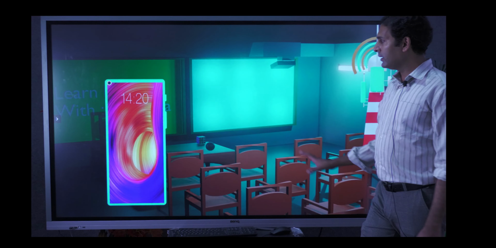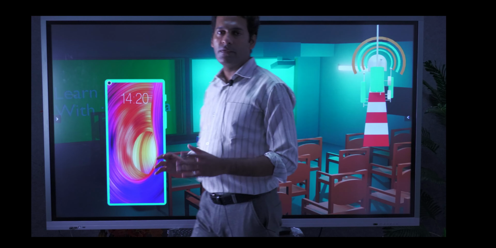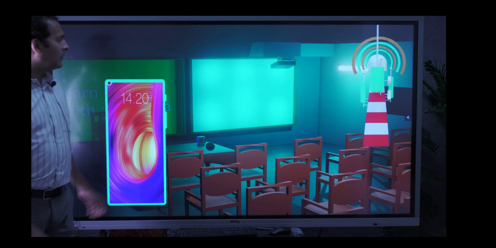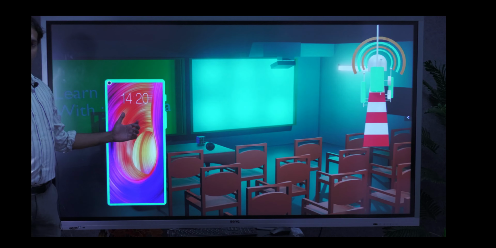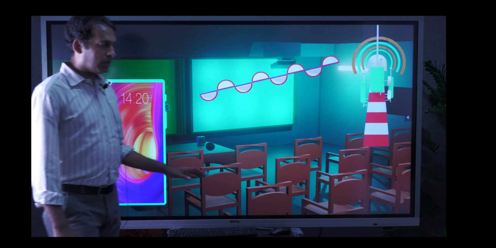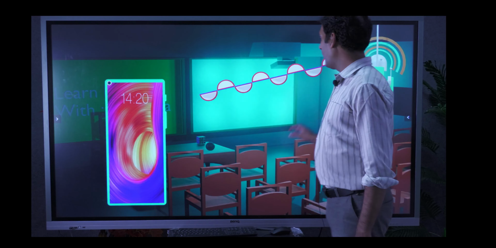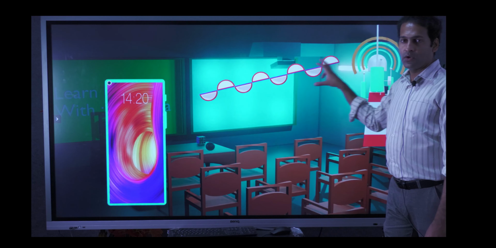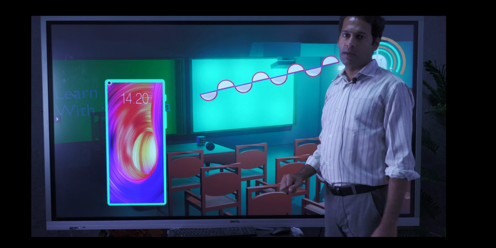Before that, let us discuss why we are doing all this. We have considered one example where we have one source and one destination. Say our destination is a mobile phone and our source is the mobile tower, and we have to study the electromagnetic fields between them.